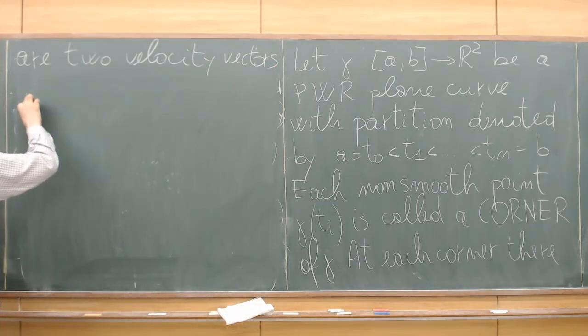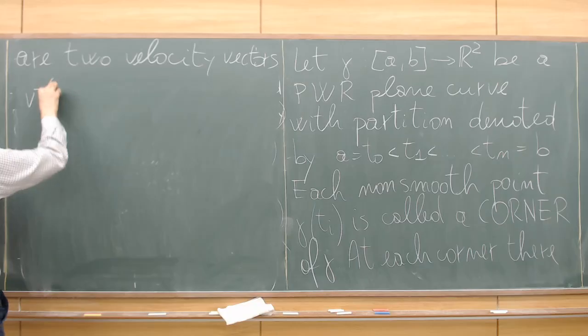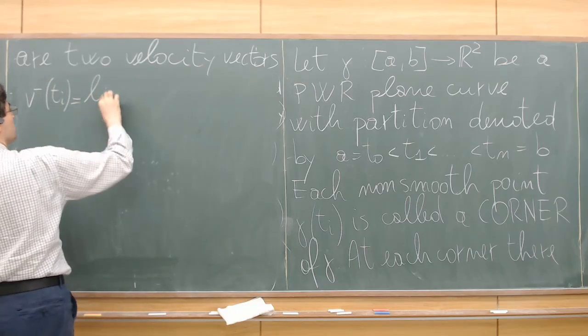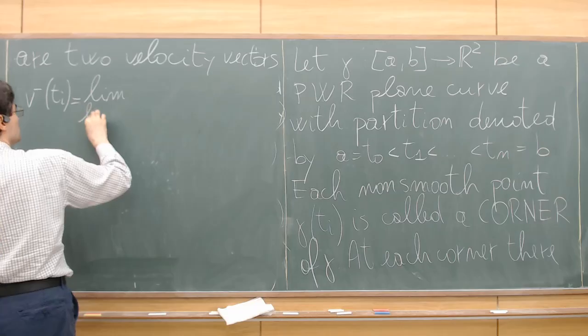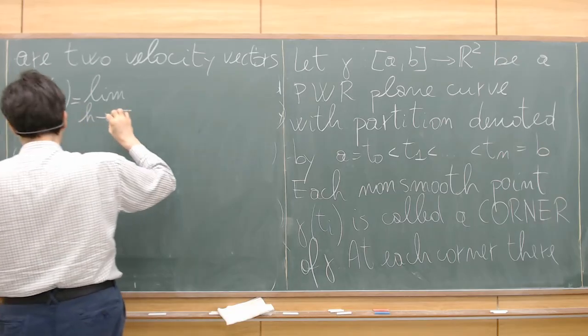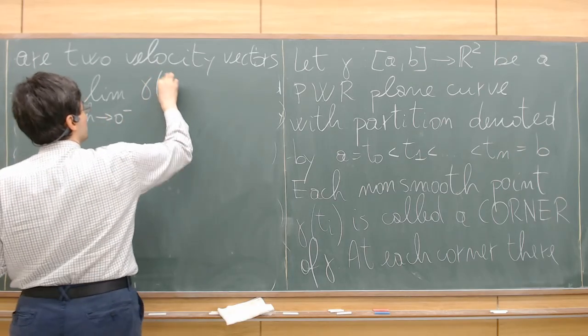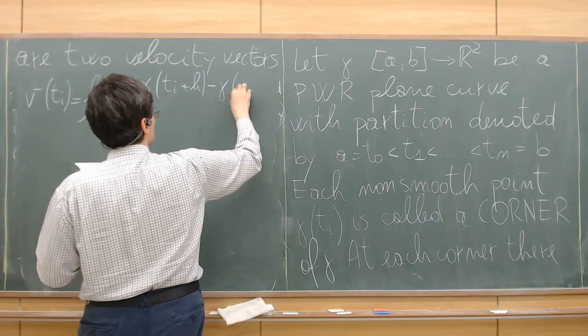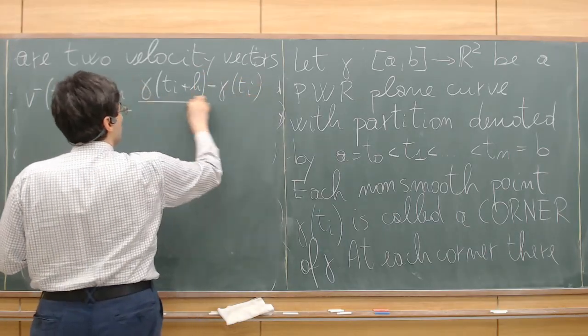The first one is denoted by V minus Ti, and this is the limit as h tends to 0 minus of gamma Ti plus h minus gamma Ti over h.